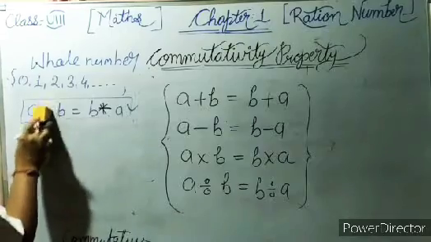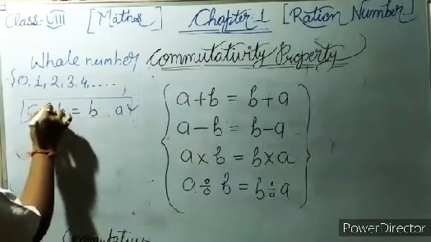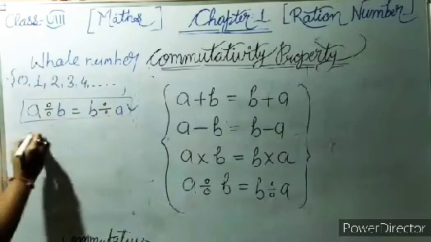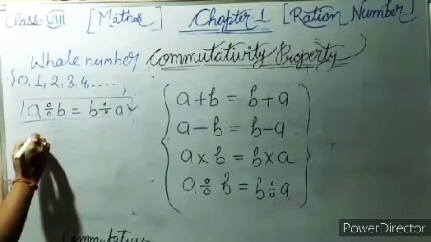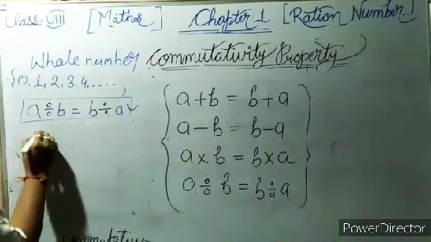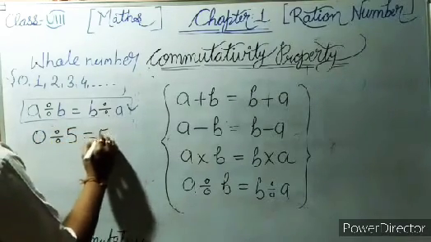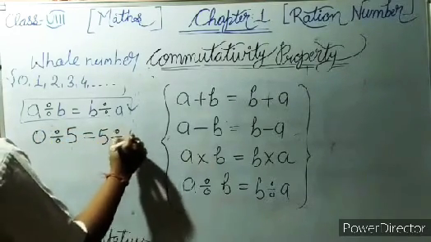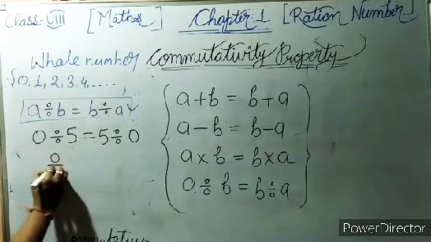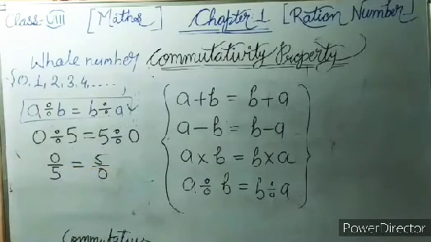For division, you see, here we put division. Okay. You see, for example, if I say 0 divided by 5 is equal to 5 divided by 0. That means we are going to say 0 divided by 5 and 5 divided by 0.